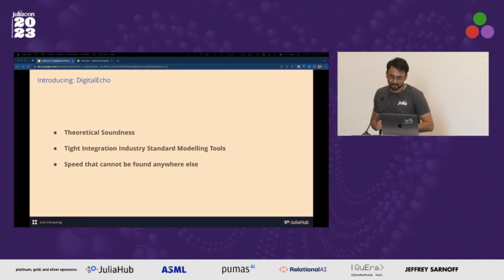Right? And the second most important thing here is that we are tightly integrated with all sorts of standard modeling tools. To start off with, the first thing we want to support is obviously ModelingToolkit within Julia. This allows us to make use of the wide array of SciML solvers, these high performance solvers, which have proved to be great.